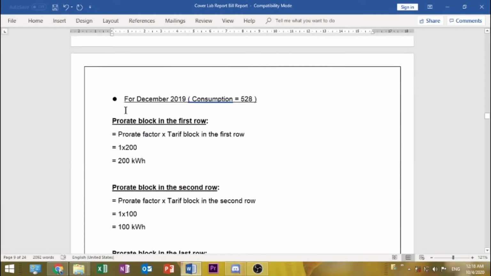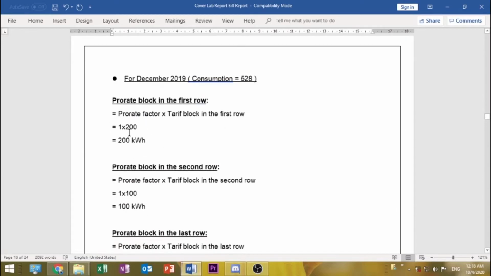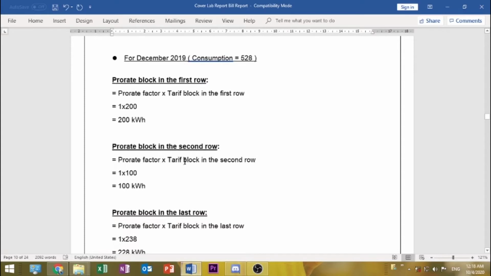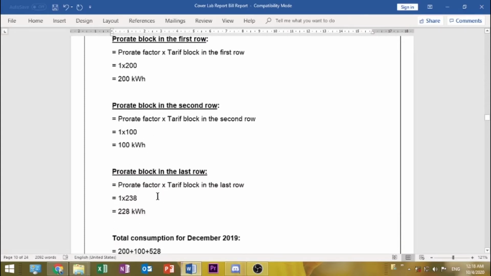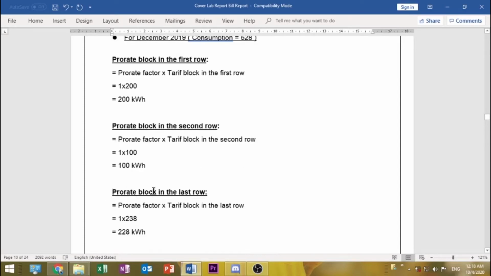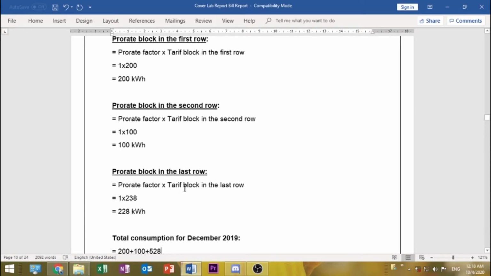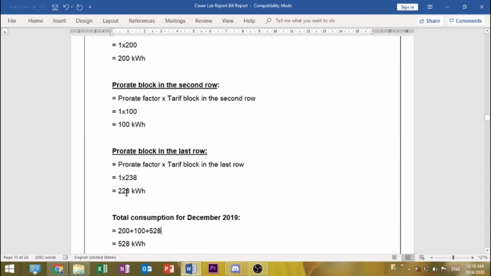To calculate the prorate block in the first row, I took the prorate factor and times the tariff block in the first row, which is 200, and the factor times the tariff block in the second row for the next 100. For the prorate block in the last row, I took the prorate factor and times it with the tariff block in the last row, which is 228. Sorry, typo right here.